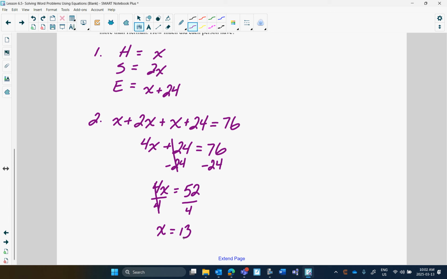Okay. So now we're ready to write our solution. So remember who X is, that's Herman. So Herman had $13. Sherman had twice that.